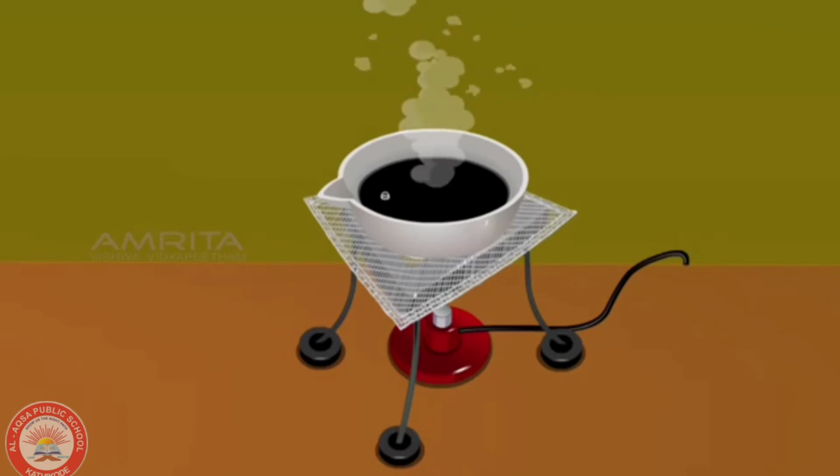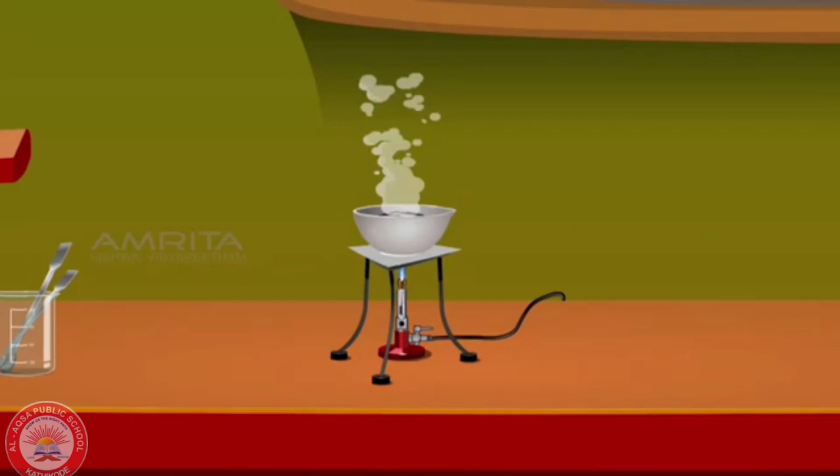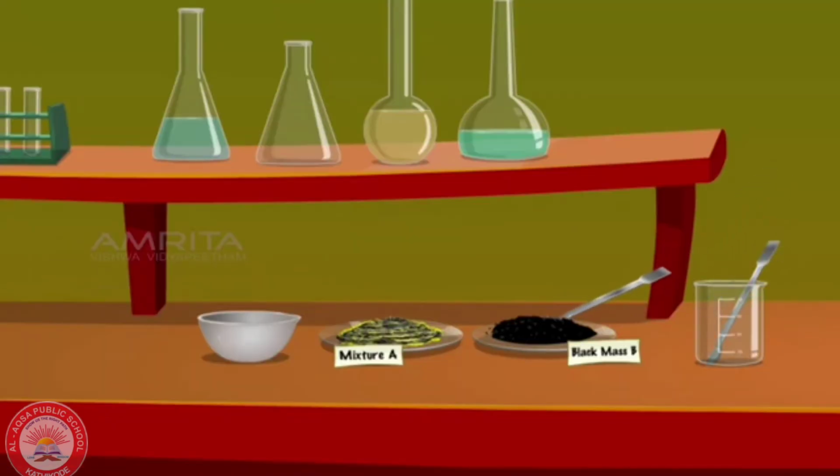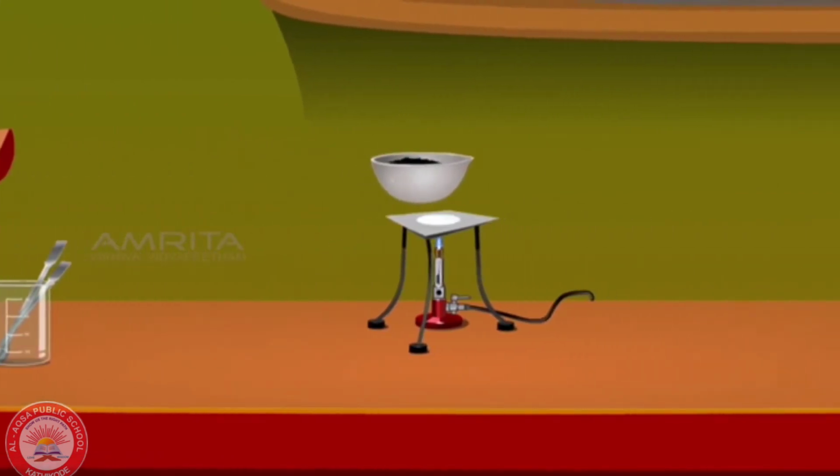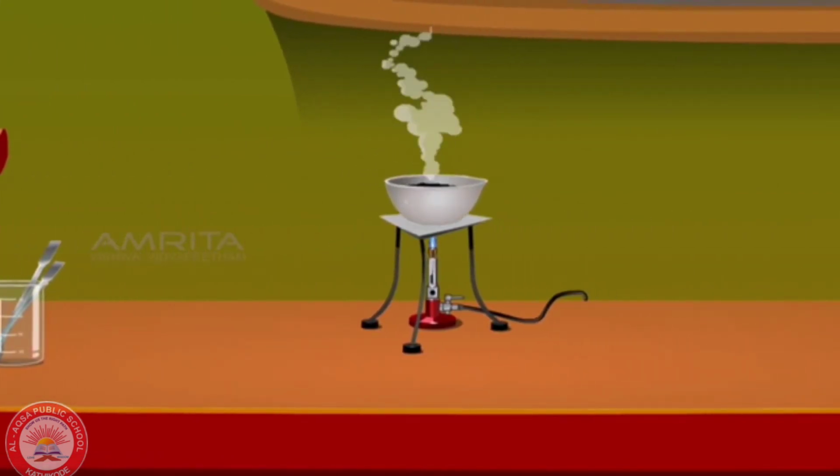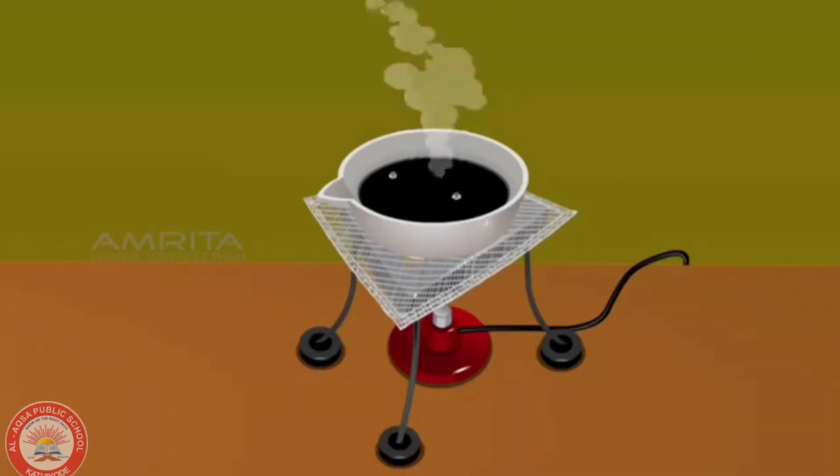That means iron filings and sulfur react with each other and form a compound. Okay. And the next one, we take black mass B and heat it. Can you see any change there? No, because it's already heated and they have formed a compound. So we cannot see any change.